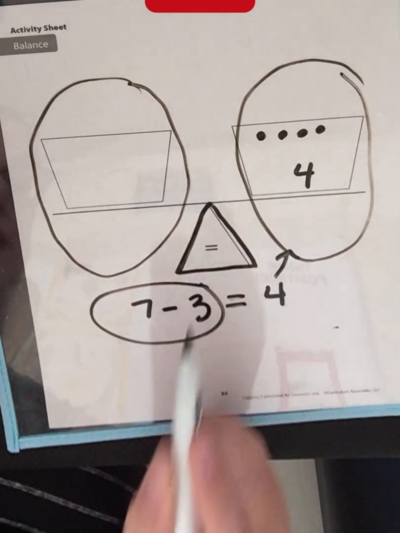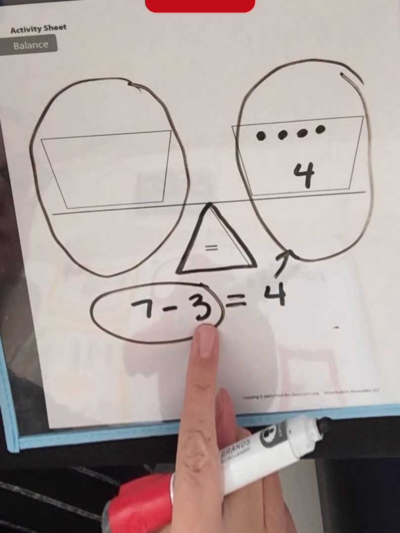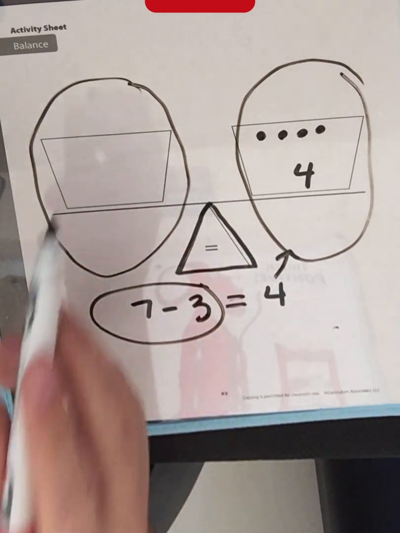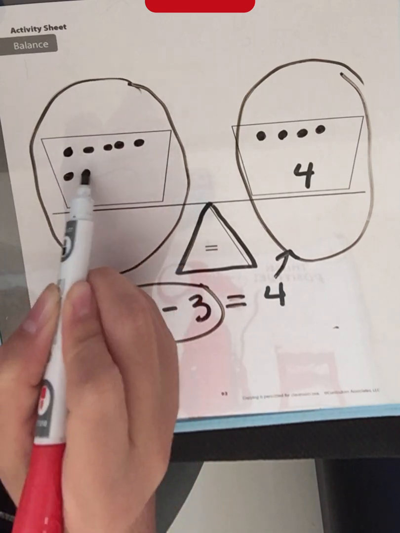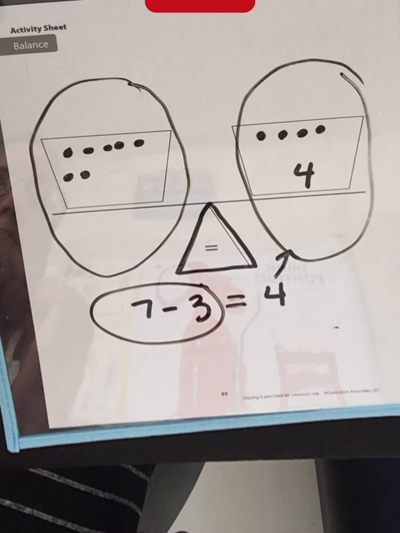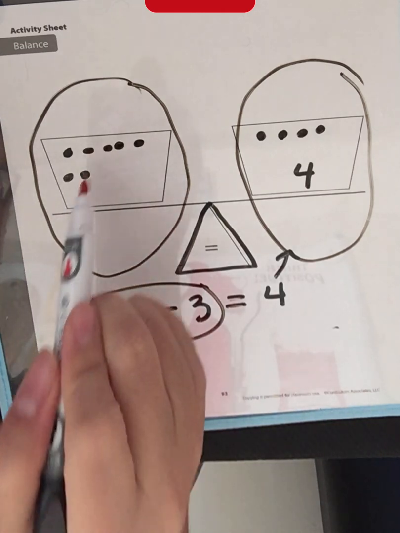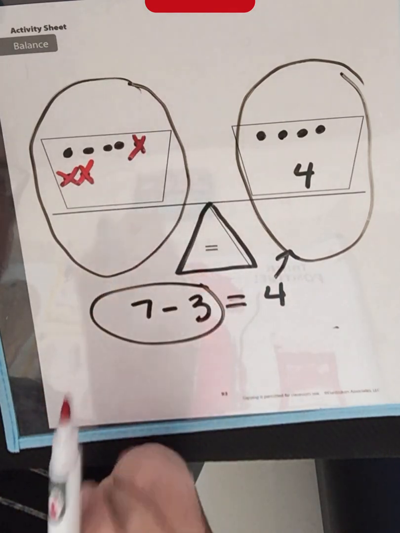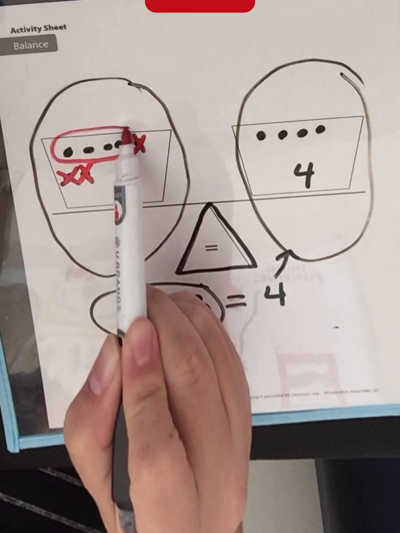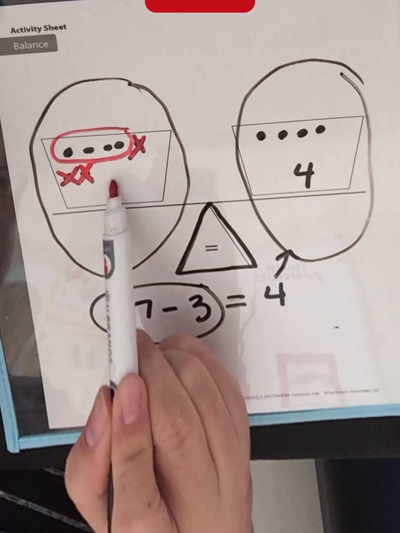And over here I have 7 minus 3. So if I start with 7, 1, 2, 3, 4, 5, new line, 6, 7, and I take 3 away, 1, 2, 3, how many am I left with? I'm left with 4.